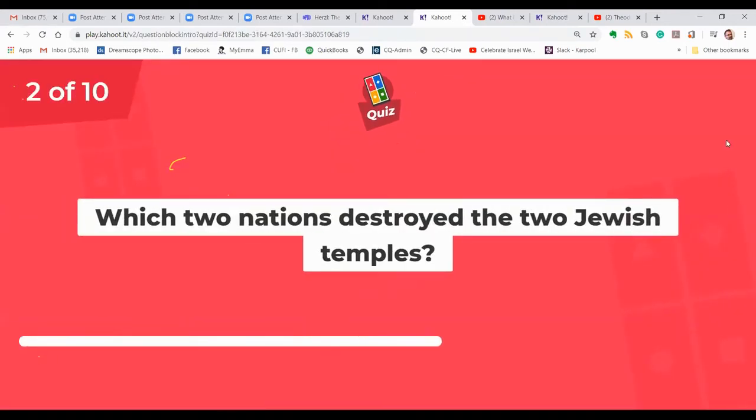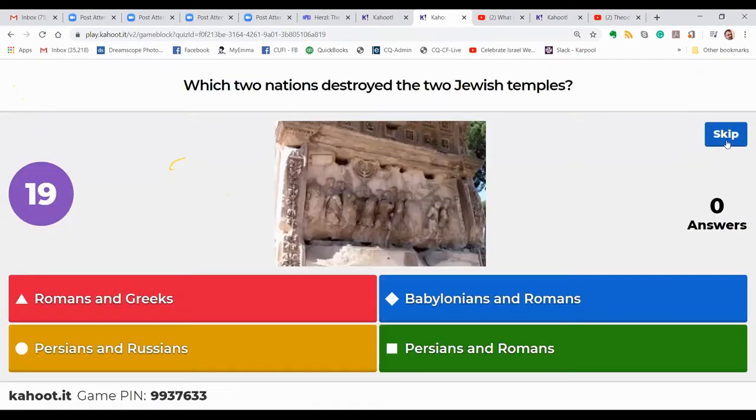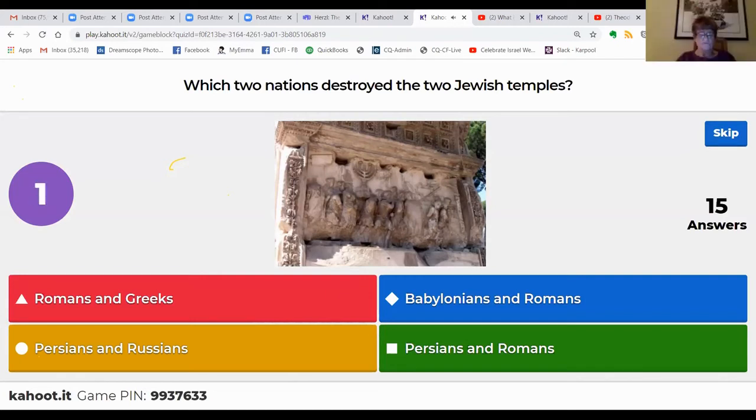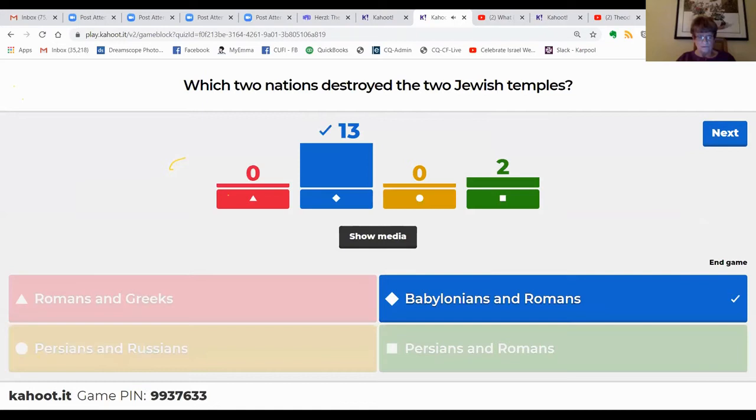Which two nations destroyed the two Jewish temples? The right answer is the Babylonians and the Romans. 13 of us got it right.